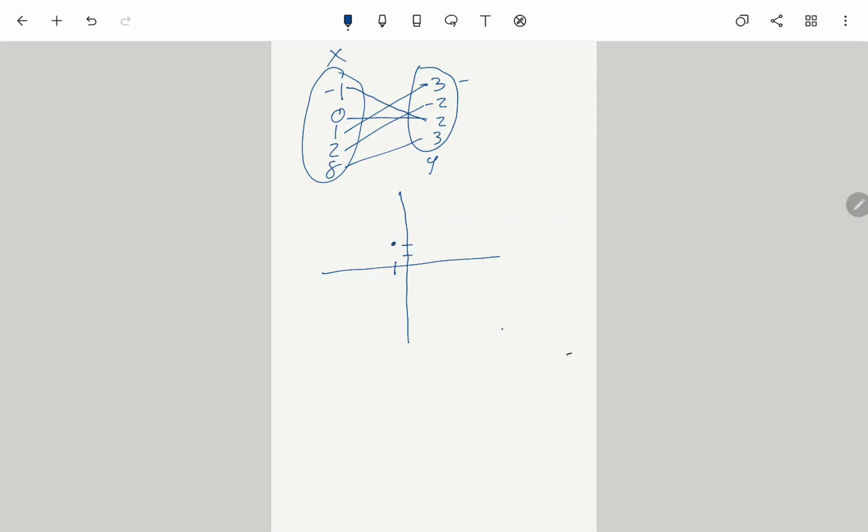Your first point is -1, 2. Next point is 0, 2. Now your second point is 1, 2, 3. Second point is 2 to -2. And your third point is 8, to 3.